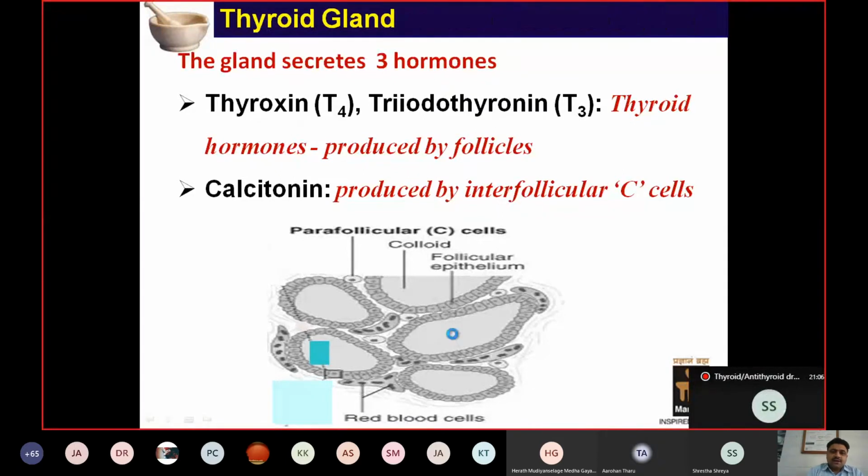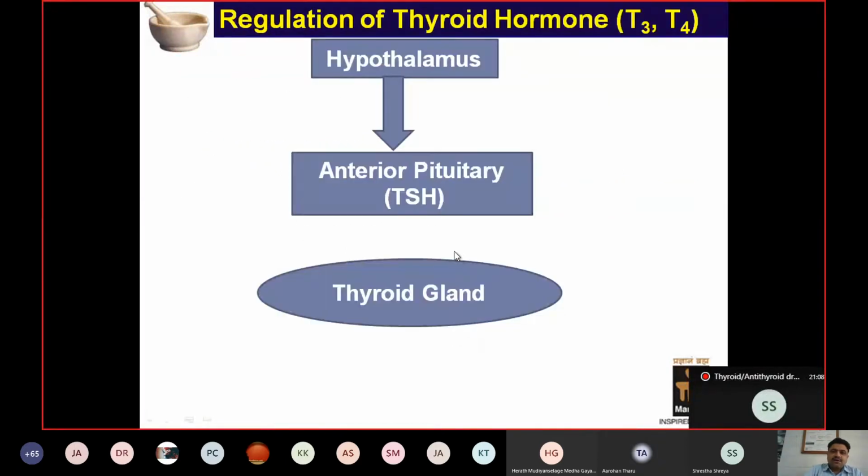Now, how is the release of thyroid hormone controlled? The hypothalamus releases thyrotropin releasing hormone, TRH. When this is released, the anterior pituitary gland is stimulated, and then it releases thyroid stimulating hormone, TSH.